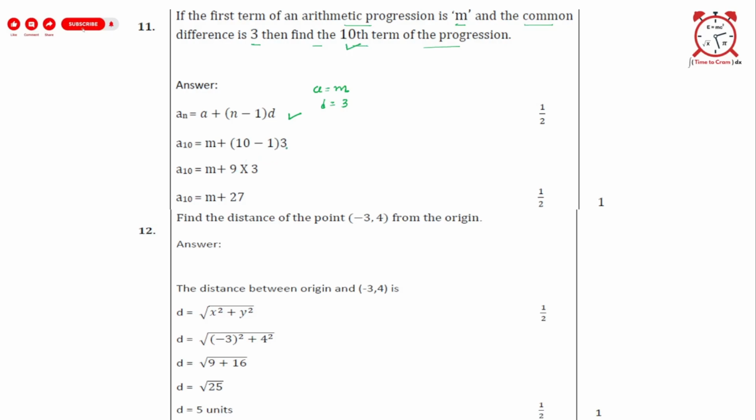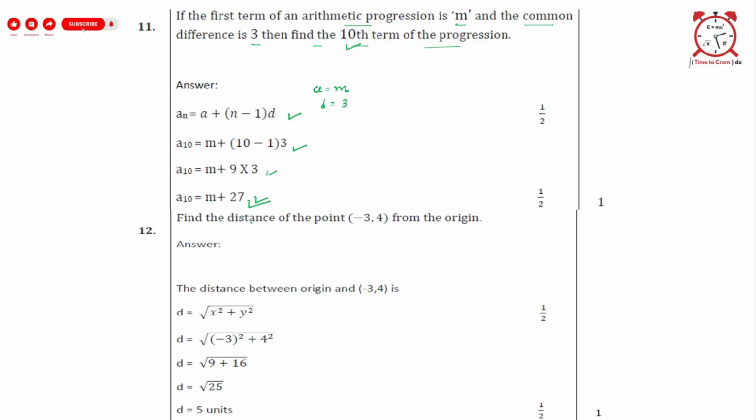After solving, we get the 10th term in terms of m: a10 equal to m plus 27. So this is the answer in terms of m.